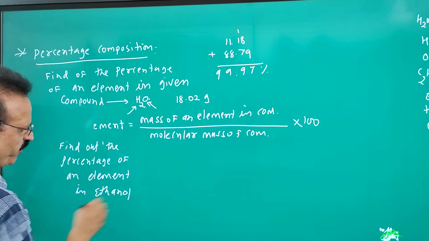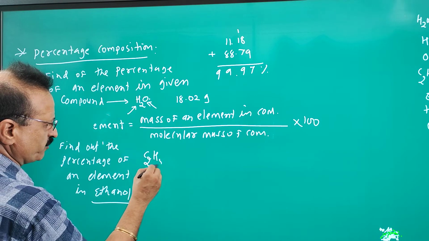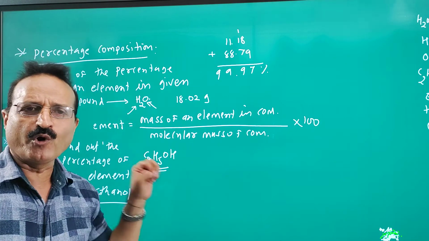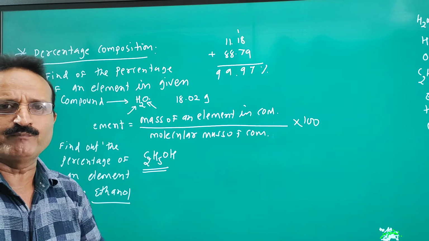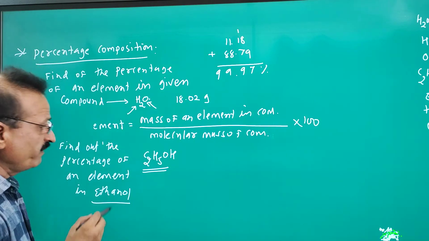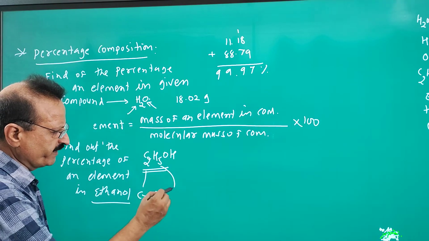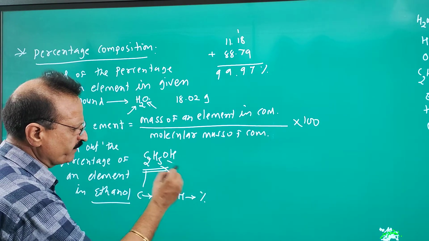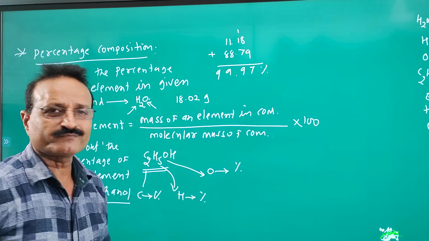You are not given the formula, but you are given the name ethanol. The formula of ethanol is C2H5OH. Don't get confused; this is purely organic chemistry that we have not started. So you just remember the formula of ethanol: C2H5OH. What will be the percentage of carbon in ethanol? What will be the percentage of hydrogen in ethanol? And what will be the percentage of oxygen in ethanol that we have to find out?